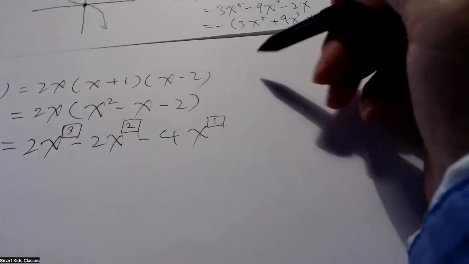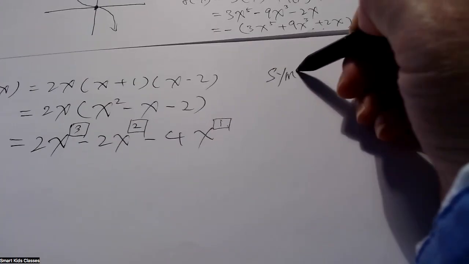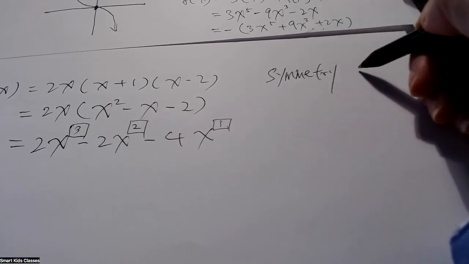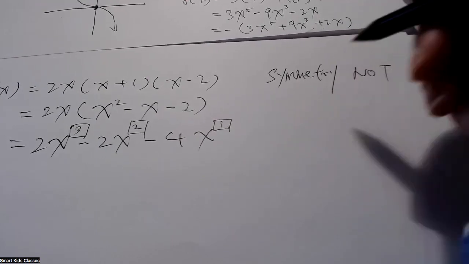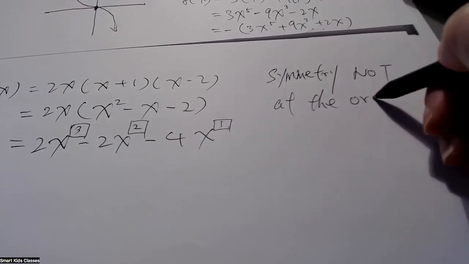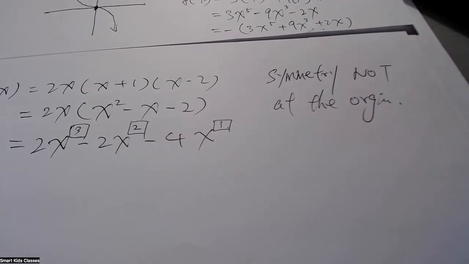So you're going to write: symmetry not at the origin, and also not odd or even.